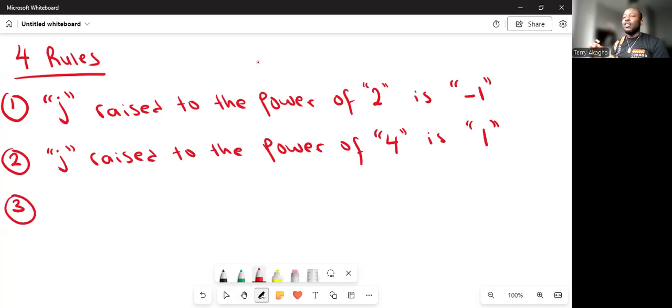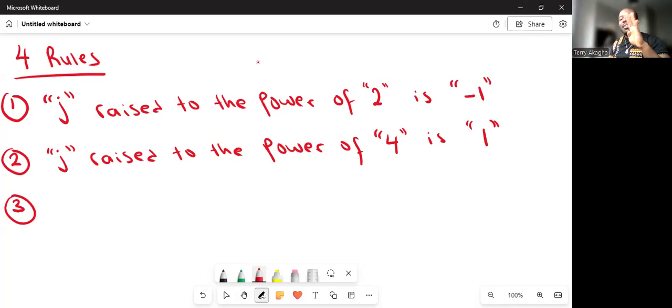the next one is that j raised to a positive power is reduced to one of the following results. So that means when you have j raised to any positive power, maybe 20, 23, there are only 4 possible results you can have. You can either have positive j, negative j, positive 1, or negative 1.